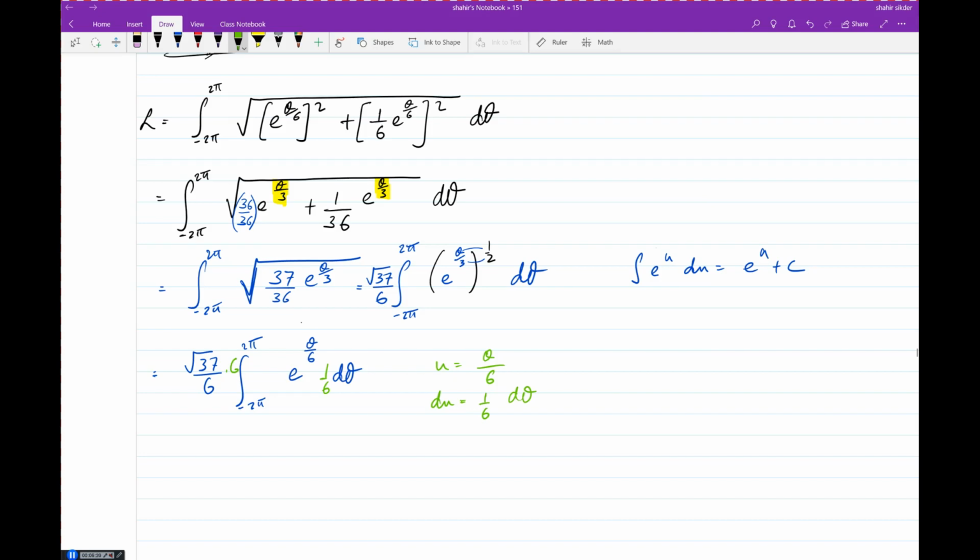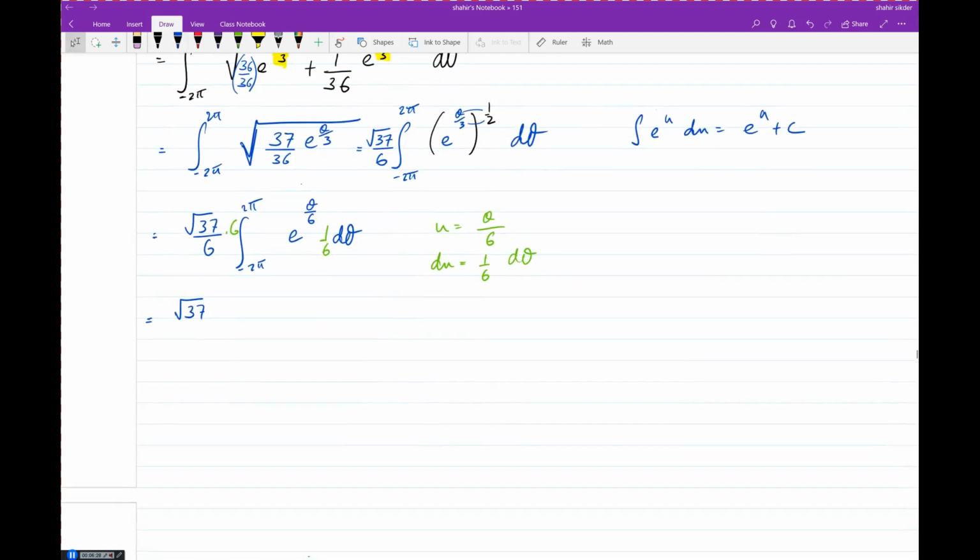If that's the case, it simplifies down to the square root of 37 times the integral of e to the u du. Notice I'm not putting my bounds, because you can do a change of bounds, but do not put negative 2 pi to positive 2 pi. That would technically be wrong because we have it in u's.